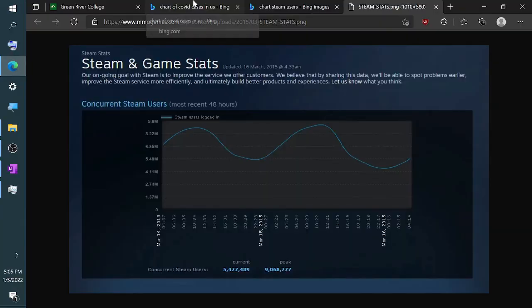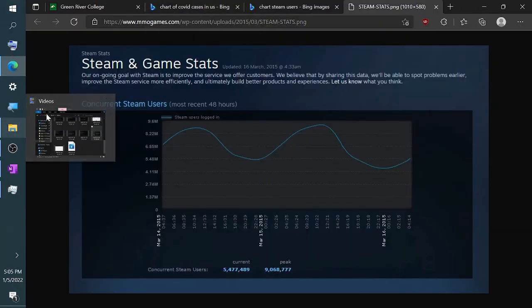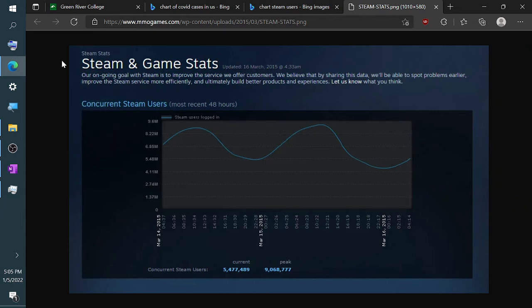On the one hand, I could look up a chart to see how many people are using Steam at any given time, which remarkably has a sinusoidal pattern, apparently. Now, in this particular chart, the times are being displayed on the horizontal axis. Values on the horizontal axis represent times. Values on the vertical axis represent the number of users of this particular game on Steam.